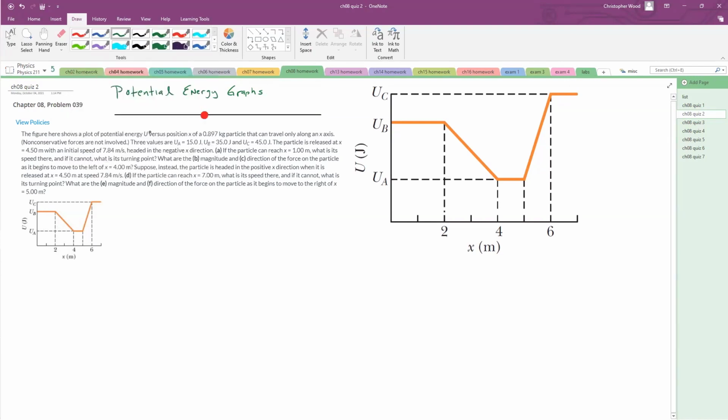And the only reason I'm mentioning that this is one-dimensional motion is because when you look at that graph, you might think it is showing two-dimensional motion because it actually looks like a hill. If I start out here at the trough of the hill, the valley, and then I walk up the sides of the hill, I get to the plateau, the flat part.